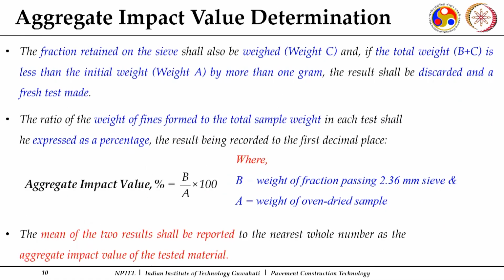Again, what we are going to measure is how many fines are getting generated. Fewer fines will get generated if the aggregate is tough enough. If the aggregate is weak, then a larger amount of fines is generated. In addition, this we are doing on the oven dried aggregates.